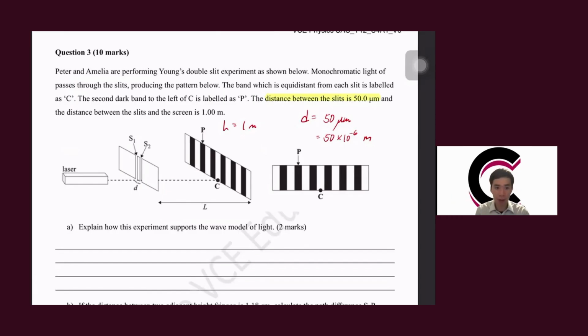So you must talk about how when monochromatic light, which means one frequency of light, was passed through the double slit, you observed an alternating series of bright and dark bands.